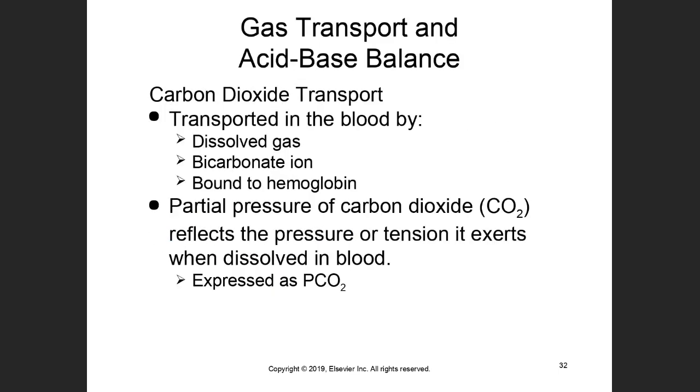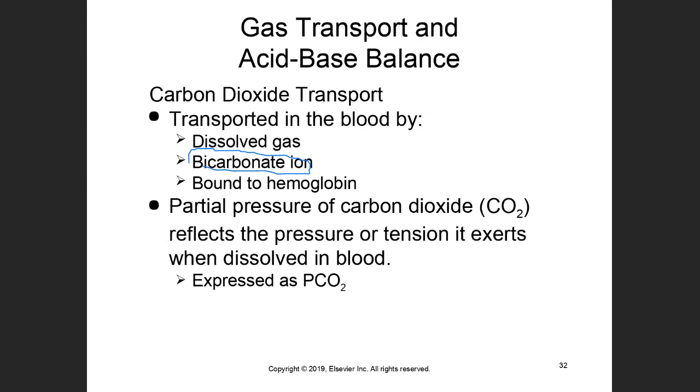Now we have carbon dioxide transport in the blood: as dissolved gas and as bicarbonate ions. That's the biggest transport, by bicarbonate. Partial pressure of carbon dioxide reflects the pressure or tension it exerts when dissolved in blood, expressed as PCO2.